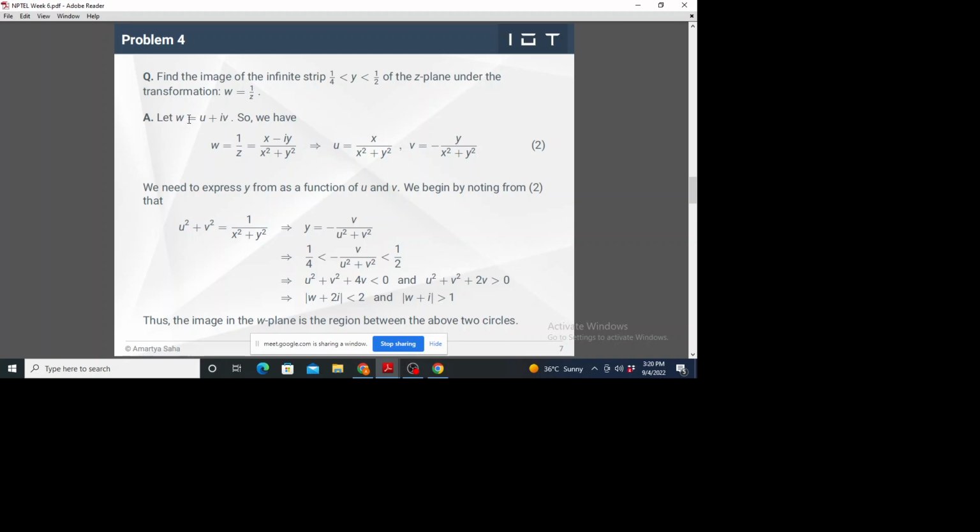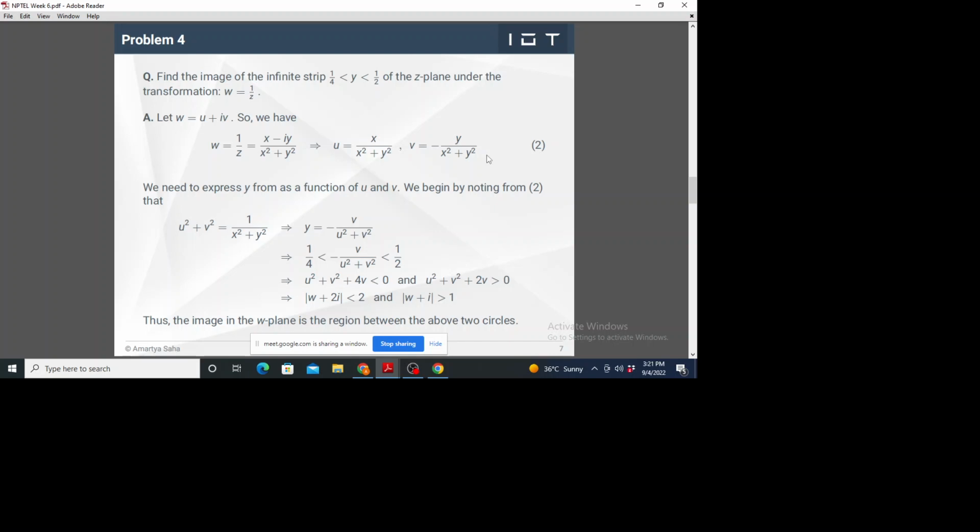So we write w equal to u plus iv, as we did in the previous problem, and we shall find u and v from the given conformal transformation. If w is 1 by z, then u is x by x square plus y square and v is minus y by x square plus y square.